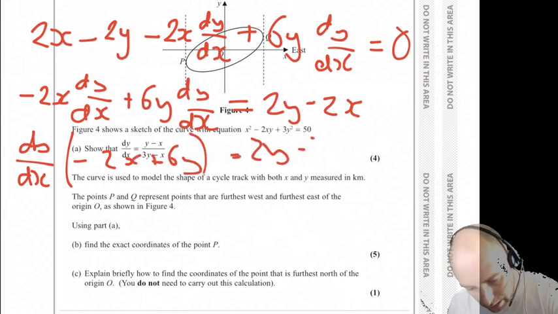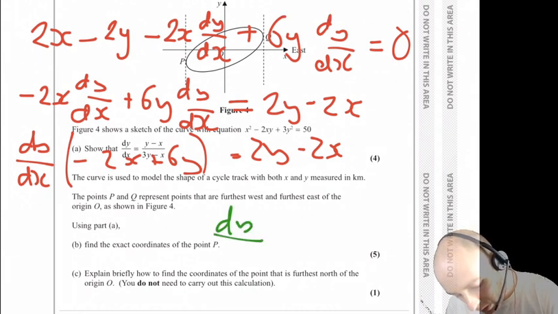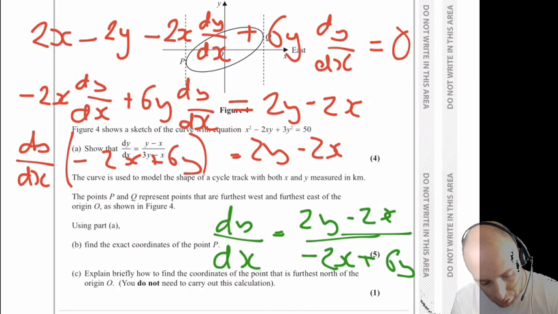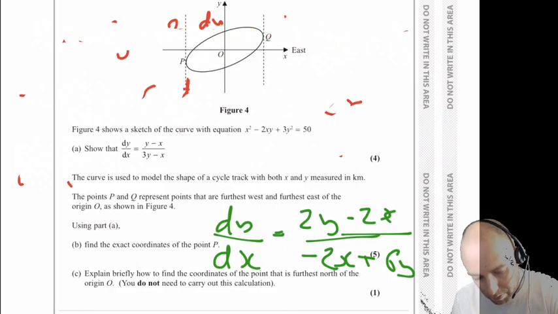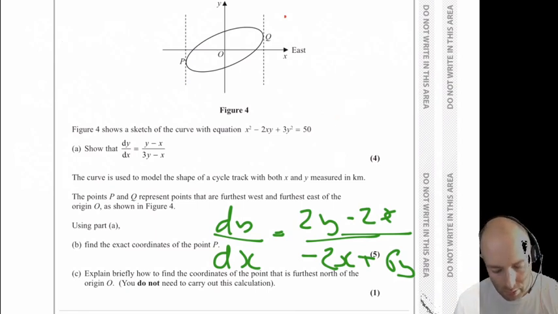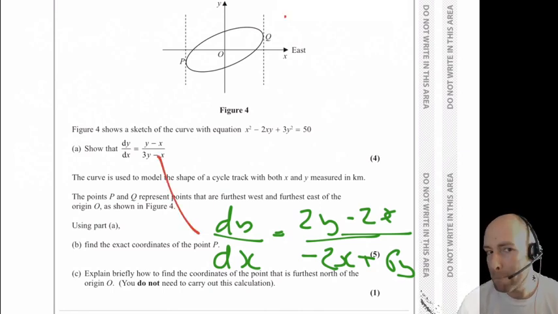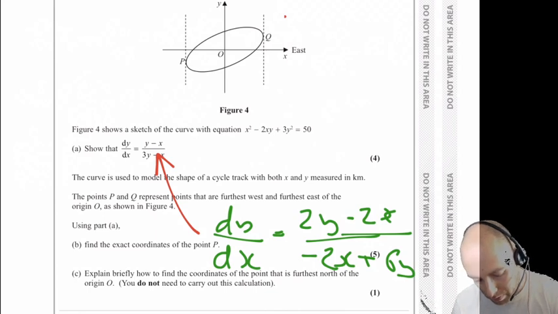Bring it all over to get dy dx equals 2y take 2x over minus 2x plus 6y. Then we just need to divide it all by 2 to get what they've got and rearrange it slightly. So divide all that by 2 and you will get what we're after. Okay, so that's the first part.